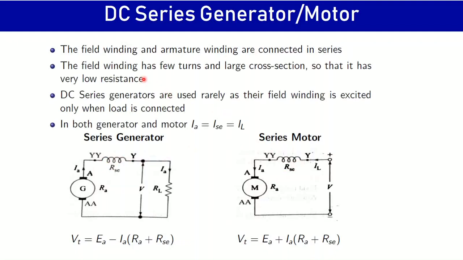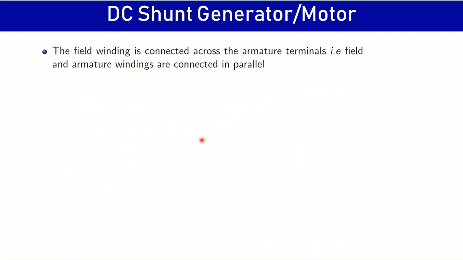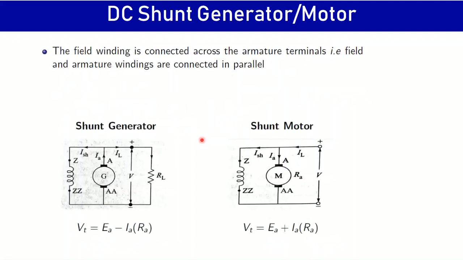Now, since the winding is in series, the number of turns is few and the cross section is more, and hence this series winding has very low resistance. So both in the case of motor and generator, because they are in series, the armature current will be equal to the field current. As far as DC shunt generator or motor are concerned, both the windings are connected in parallel here.